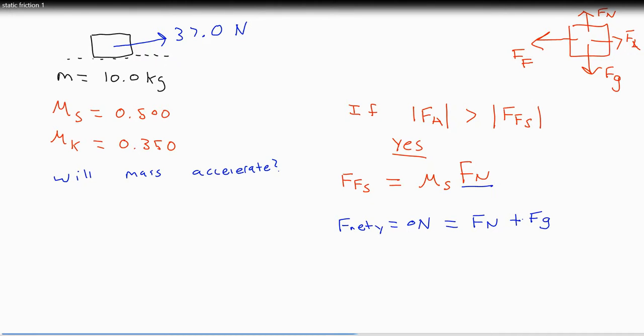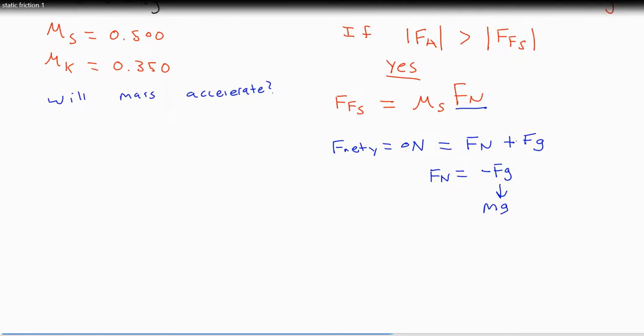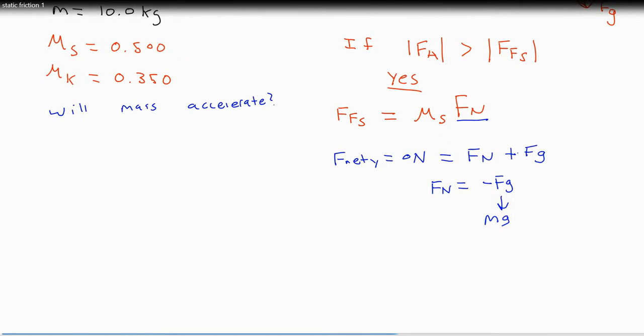We also know the only two forces are the normal force and the force due to gravity. In this scenario, that means the normal force and the force due to gravity are going to have equal magnitudes in opposite directions. We also know that we have an expression for the force due to gravity, which is mass times the acceleration due to gravity.